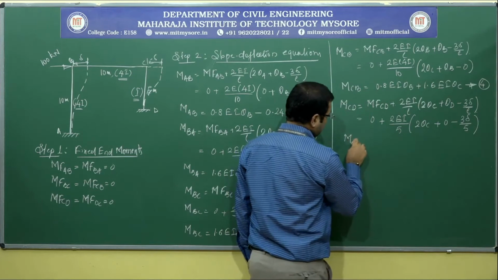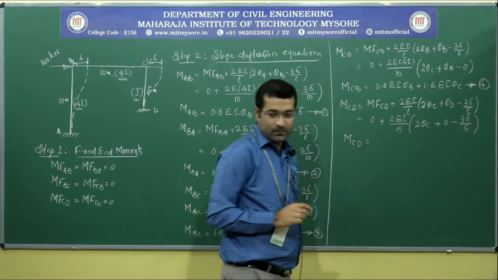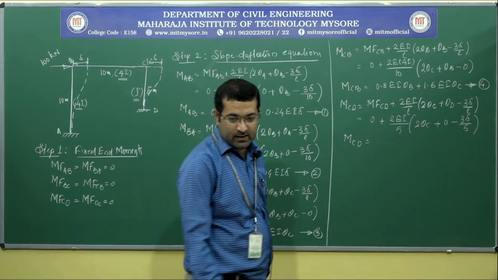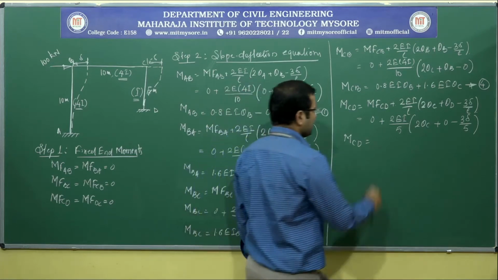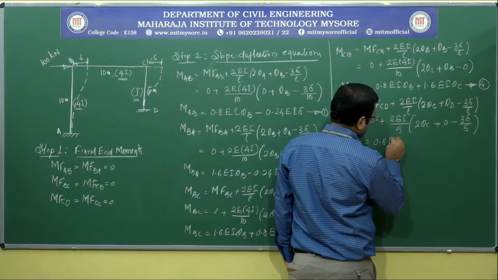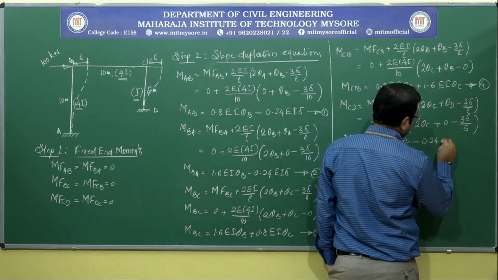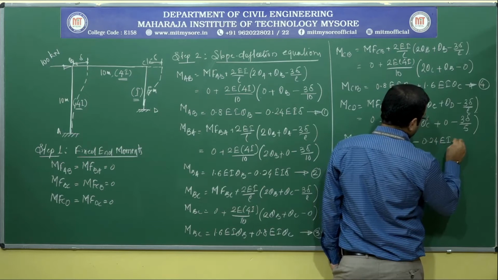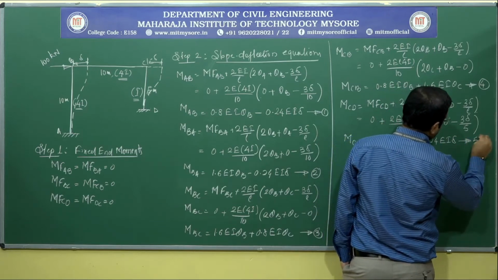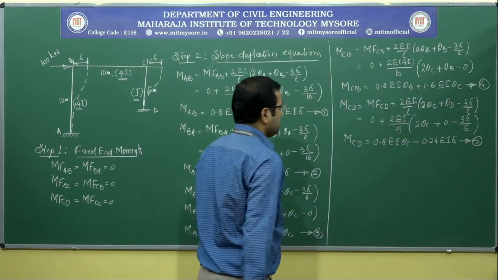So MCD yields 0.8 EI theta C minus 0.24 EI delta. So let us call this equation number 5.